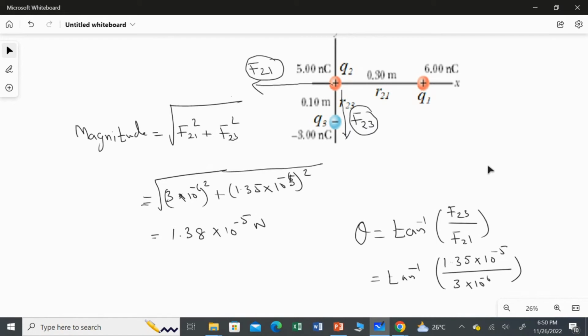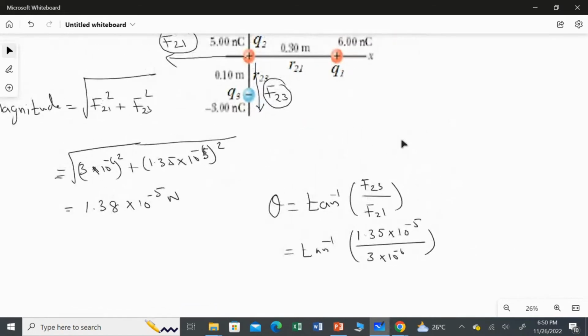So what will be the answer? It's exactly 77.47. So I can write the theta angle as 77.5 degree.